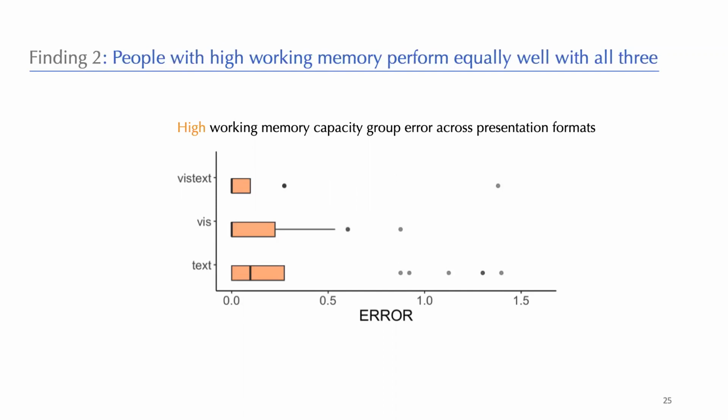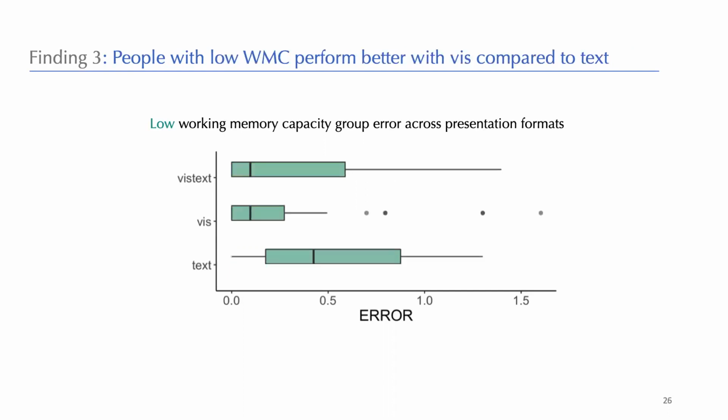When looking at error across participants in the high working memory group, which was determined using the O-span scores, we found no significant differences in error across presentation formats. But when looking at individuals with low working memory capacity, we found that they made significantly less errors using visualization alone compared to text alone.